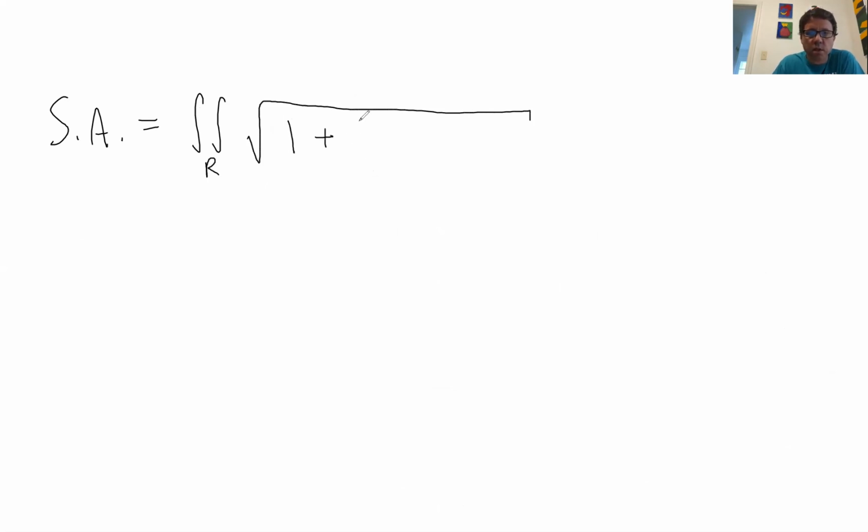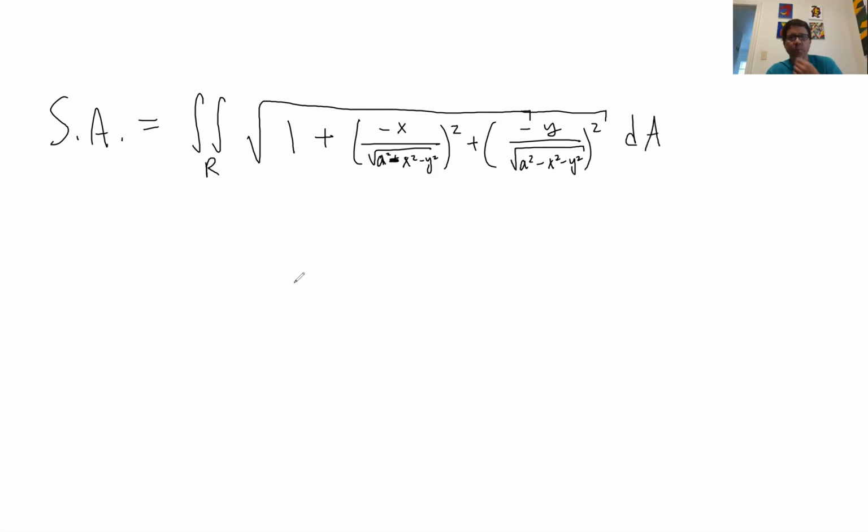So my surface area will be the double integral over the region of the square root of 1 plus negative x over the square root of a squared minus x squared minus y squared, squared, plus negative y over the square root of a squared minus x squared minus y squared, squared. So I'm just plugging f sub x and f sub y into the equation.